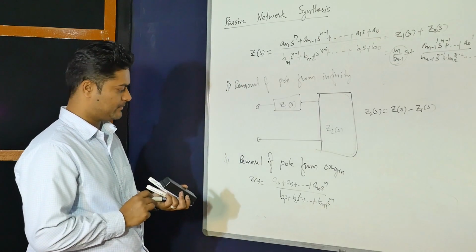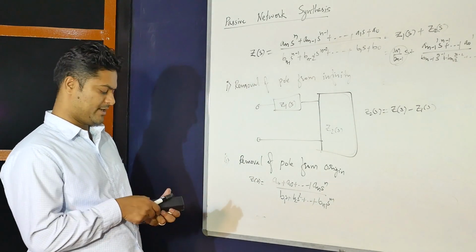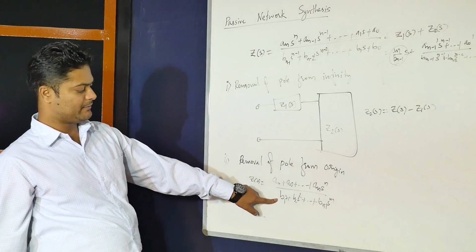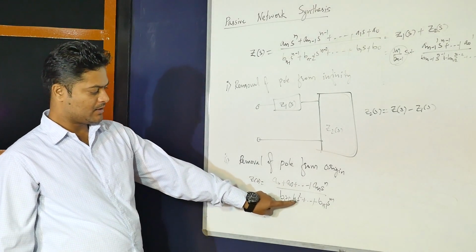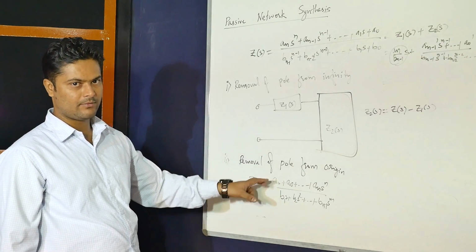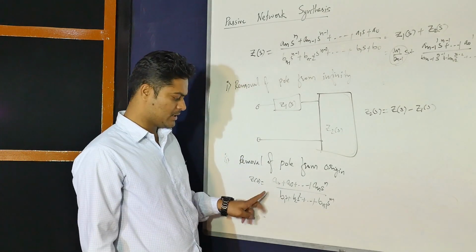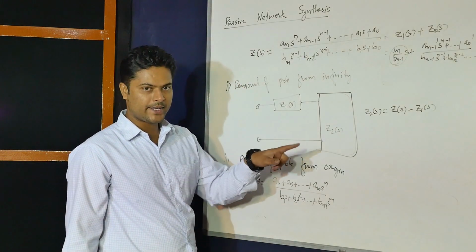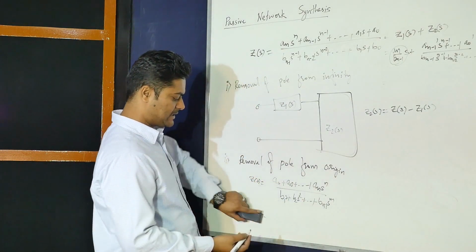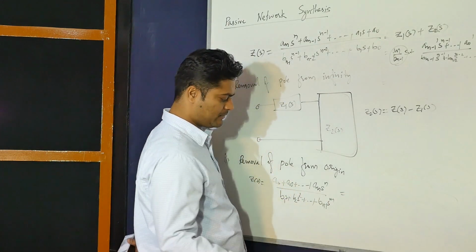Why did I write like this? Because we need to remove a pole from origin. The denominator will have a degree equal to or greater than that of the numerator. So you can see s can be taken out, and that s is lying on the origin of the s plane, right? So we need to remove that, then we can expand this, or do continued fraction expansion, whichever way you want to go further.